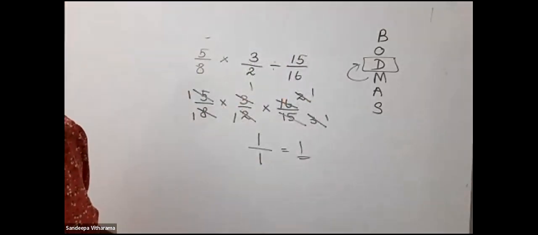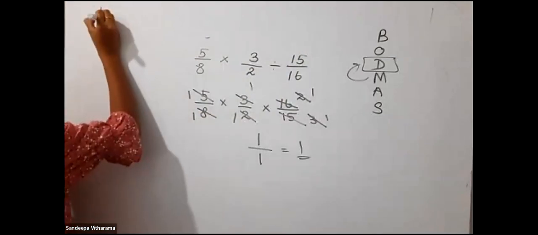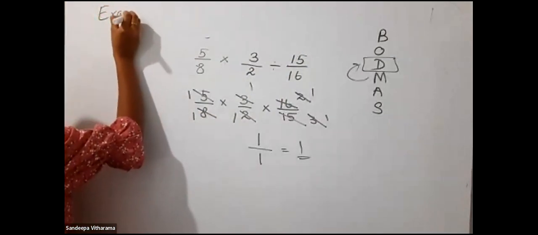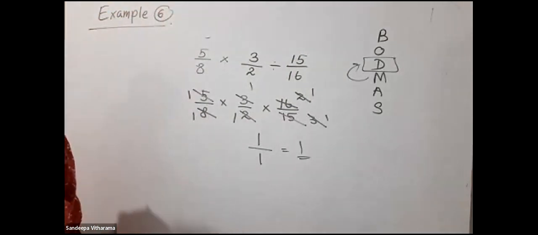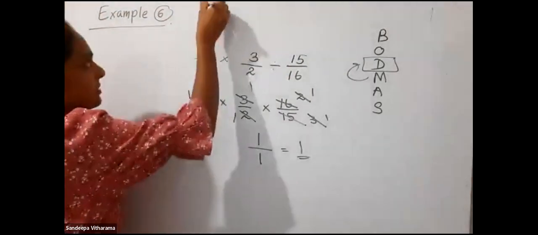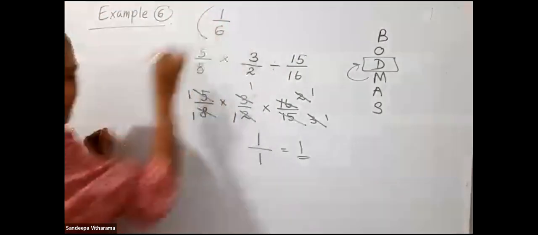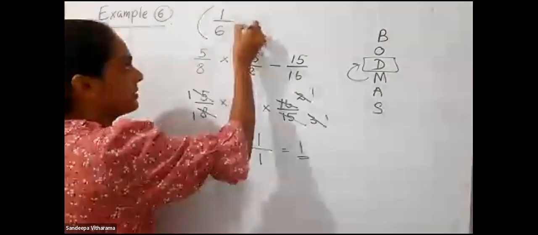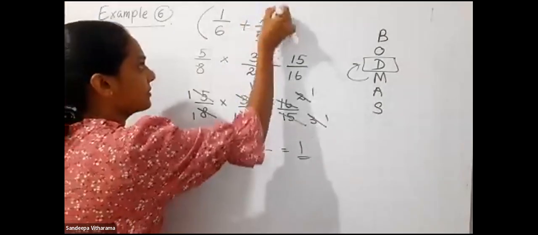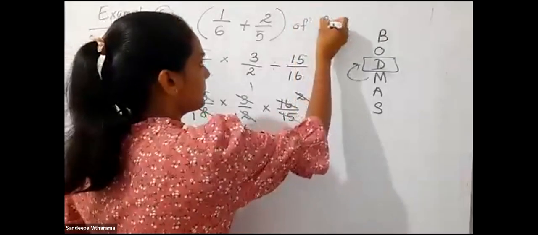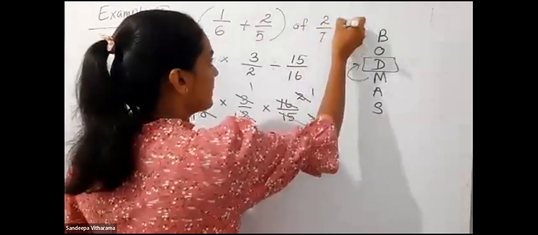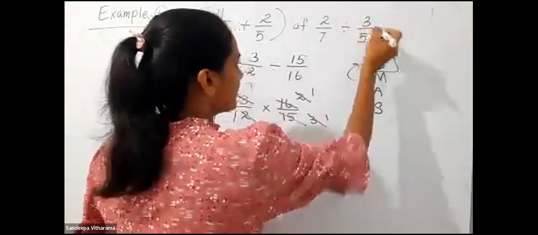Shall we move to the next example? Okay. It's example 6. 1 upon 6 is added to 2 upon 5 of 2 upon 7 divided by 3 upon 5.